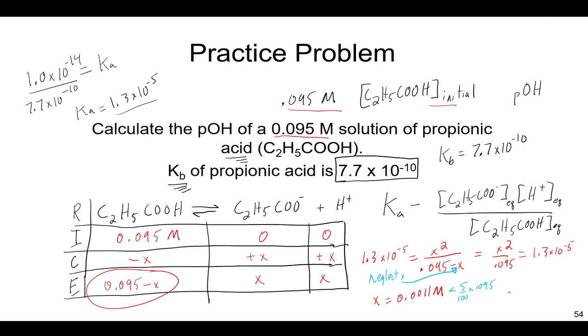And yes, it is. 5% of the original is 0.004. 0.001 is less than that. So this is a safe assumption. And again, be careful with these x's at the end. Remember, this x at the end represents my H plus concentration. So this is my H plus concentration at equilibrium.